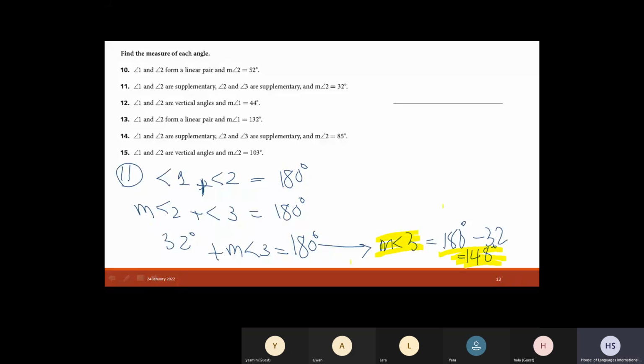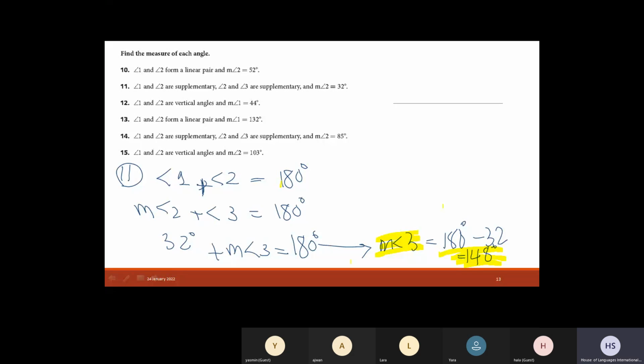You told me angle 2 and angle 3 are 180. If angle 2 is 32, then angle 3 will be 148. The measure of angle 1 plus 32 gives you 180. So what's the measure of angle 1? Angle 1 with 2, 180. Angle 2 with 3, 180.